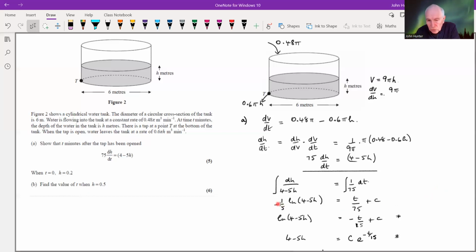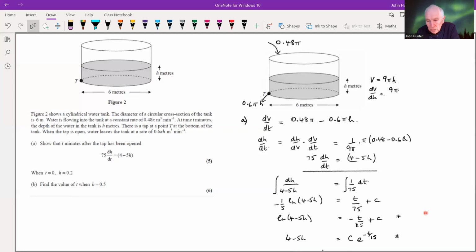Okay, so then we're just going to integrate, and you should recall that 1 over a linear function of x, or h in this case, is going to be a natural log. And then this minus 1/5 comes from this minus 5 here. So we've got that on the left-hand side, and t over 75 plus a constant of integration on the right.